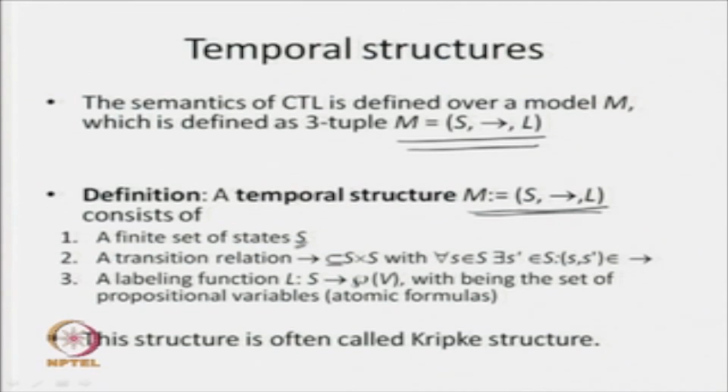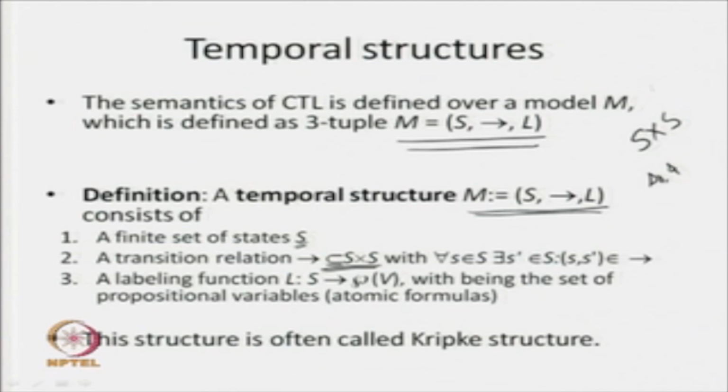The second one, the arrow that we are representing, is a transition relation, and a transition relation is nothing but a subset of the Cartesian product of S and S. That means we have a transition from one state to another state. So, the Cartesian product S and S gives me components like S 0 and S 1.